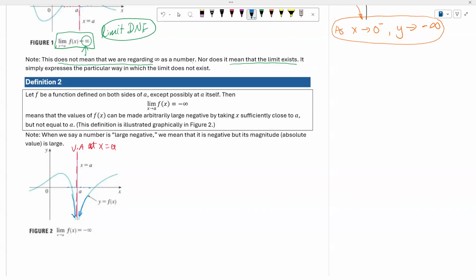So therefore, in this case, we will say that the limit as x approaches a of f of x is equal to negative infinity. Again, the limit does not exist. But it describes the behavior of the output of the function when it's getting closer and closer to the vertical asymptote from the left and from the right.